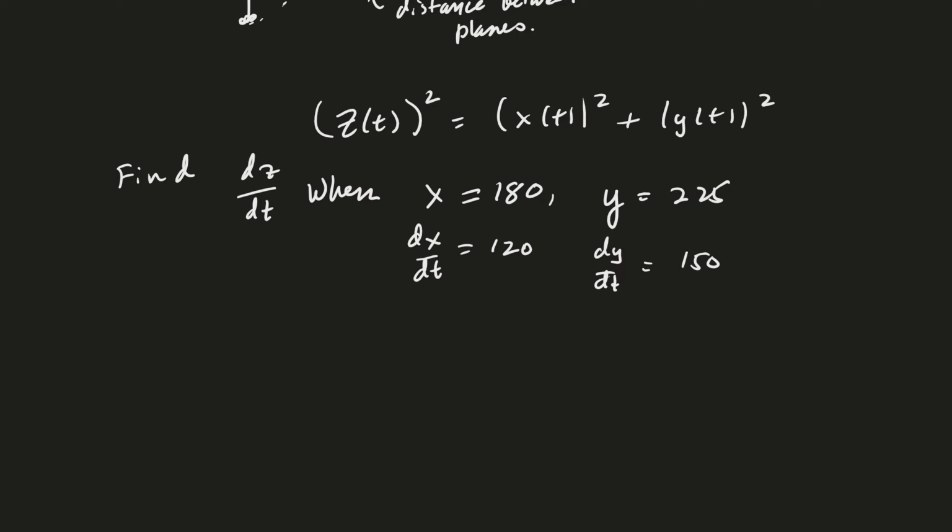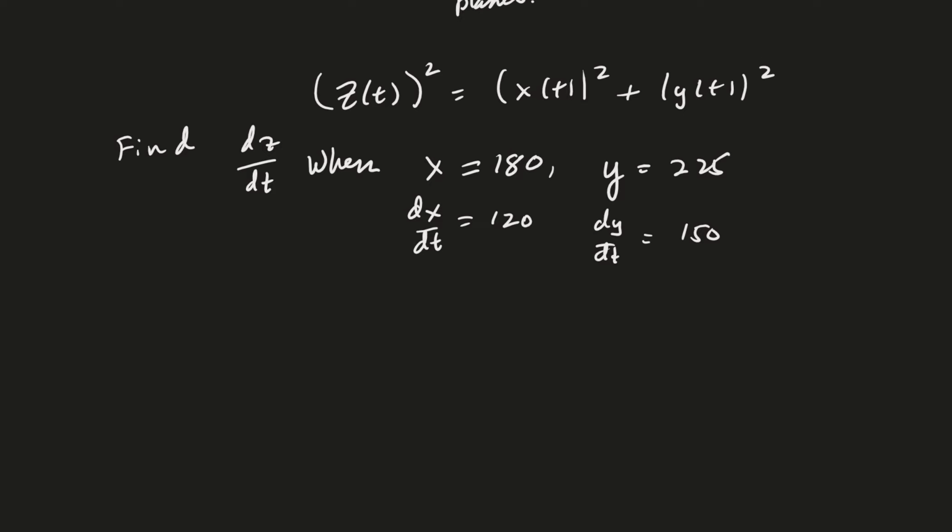So now we just differentiate. The solution is to differentiate everything in sight. Now notice that the related rates here is that the distance is related to the change in the legs.